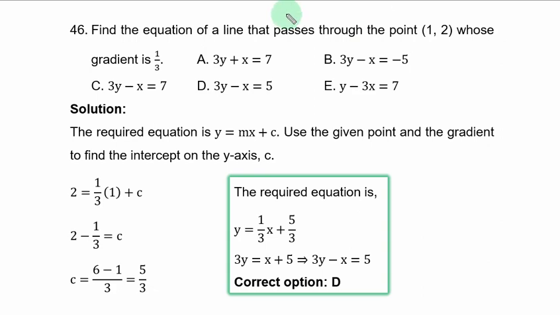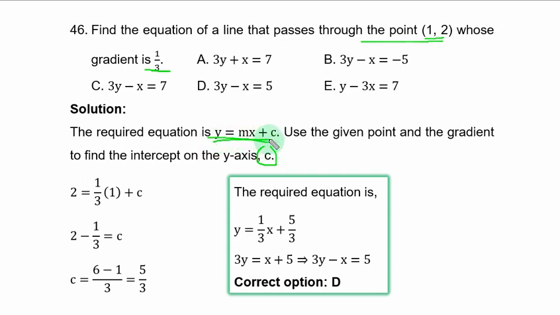Question 46. Find the equation of a line that passes through the point (1, 2), whose gradient is 1 over 3. Solution. The required equation is this. Now, you need to use the given point. This point implies x equal to 1, y equal to 2, and the gradient as well, to get c, the intercept on the y axis.